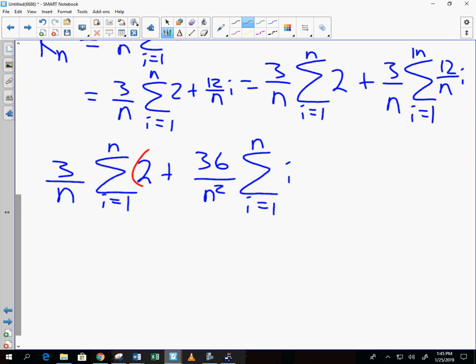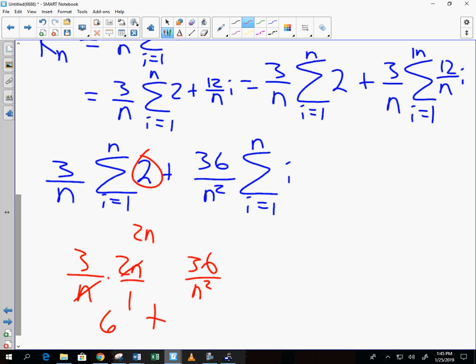Hopefully remember that this one will come out to be 2n. So you have 3 over n times 2n over 1. The n's cancel, you're left with 6. Plus, here you have 36 over n squared times the sum of i, you substitute n times n plus 1 over 2.